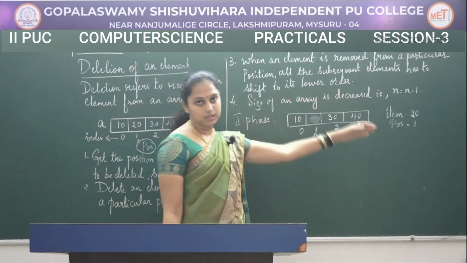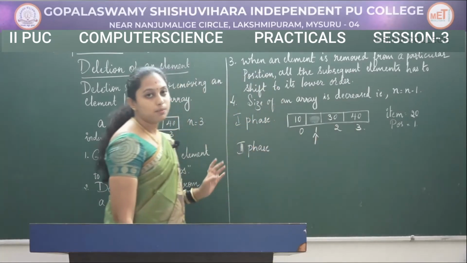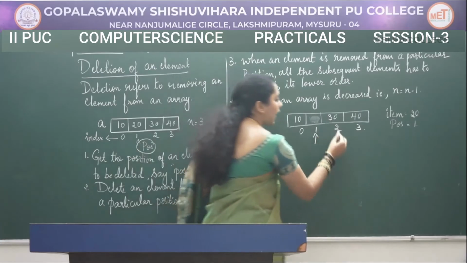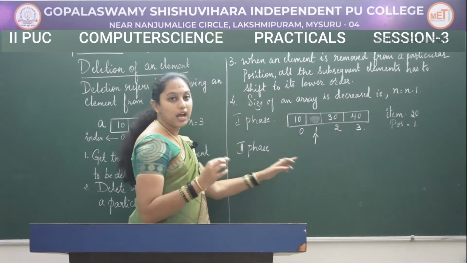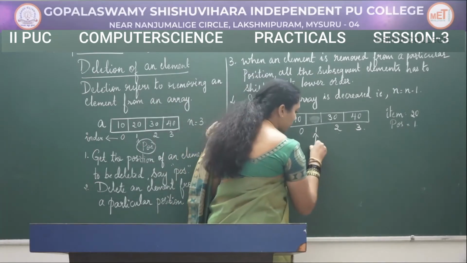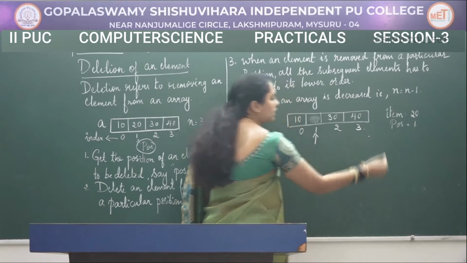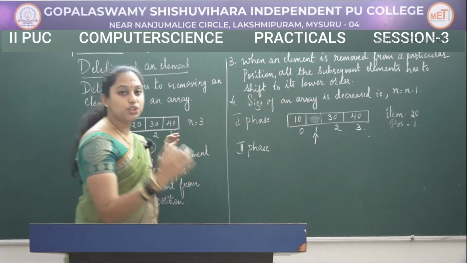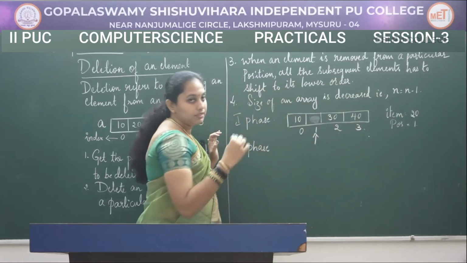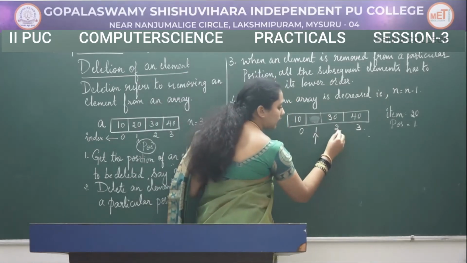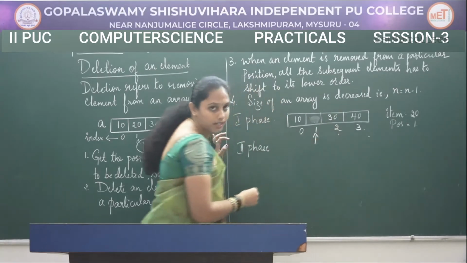In the second phase, all the subsequent elements have to be shifted to their lower order positions. That is, I have to shift the elements from I is equal to P, from the position where I have deleted the element till the last element of an array, to its lower order. I am going to shift 30 from position 2 to position 1.